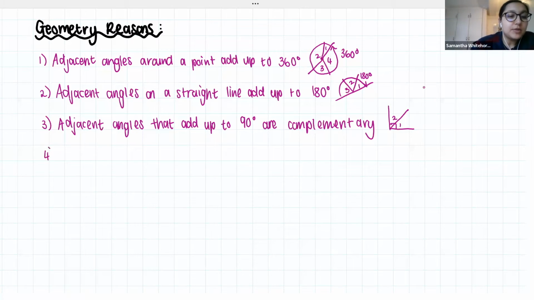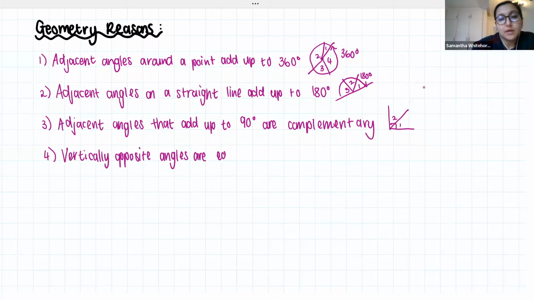The fourth reason that we had a look at was the fact that angles vertically opposite to each other are equal. This is where we look out for that cross shape and the fact that the angles directly opposite each other at the point where the lines meet are equal to each other.